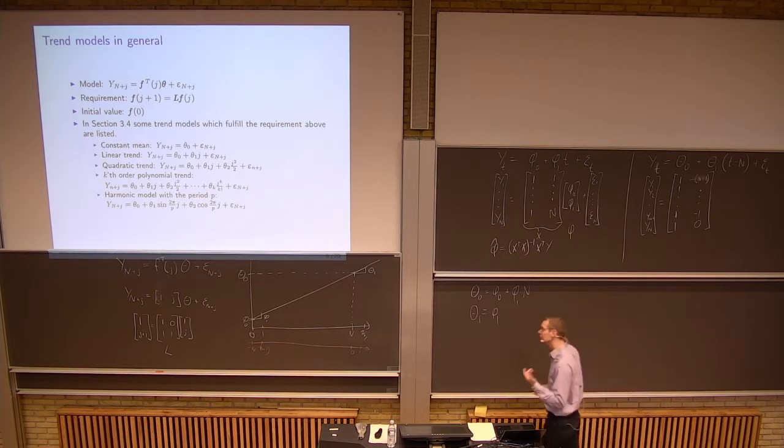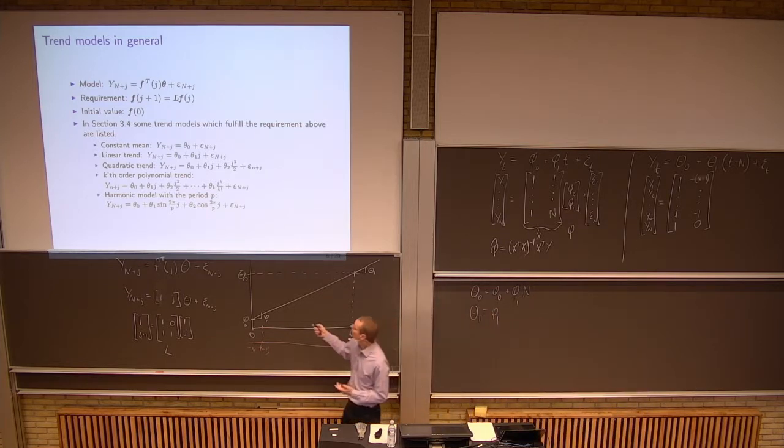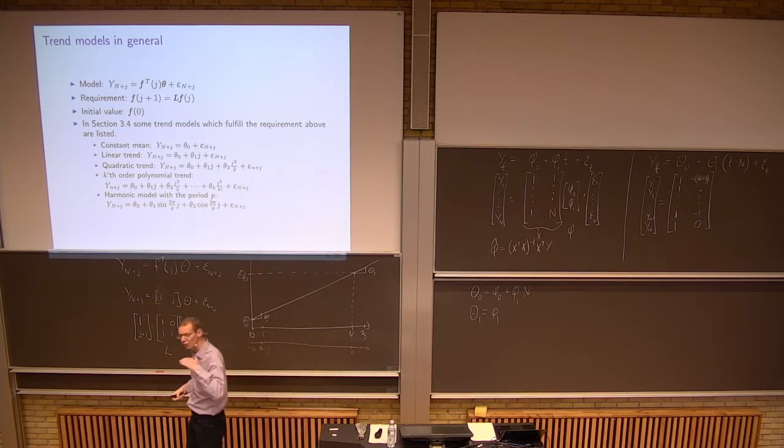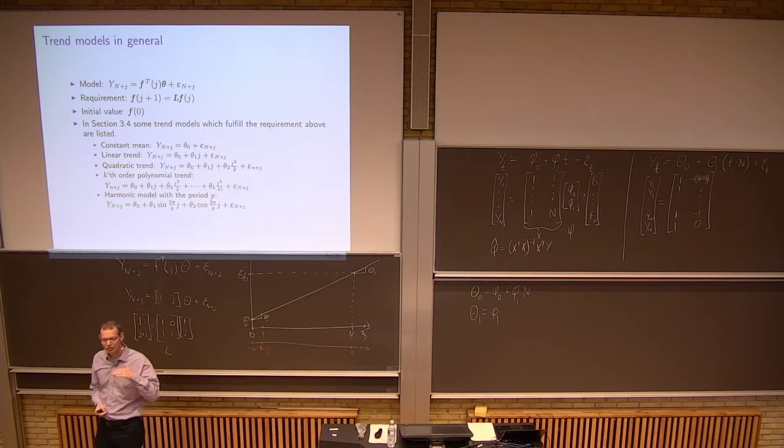So some examples. Well, we have looked at the linear trend model. An even simpler model is the so-called constant mean model, where you basically just estimate what is the mean value. Every time you get a new observation, you update the estimate of the mean value. I don't know if any of you have done that in another setting before, but how do you estimate a mean value?